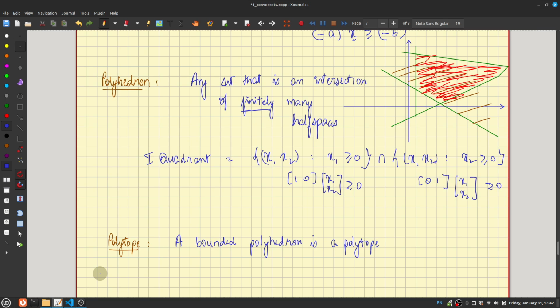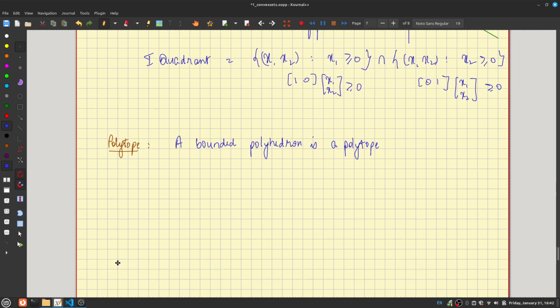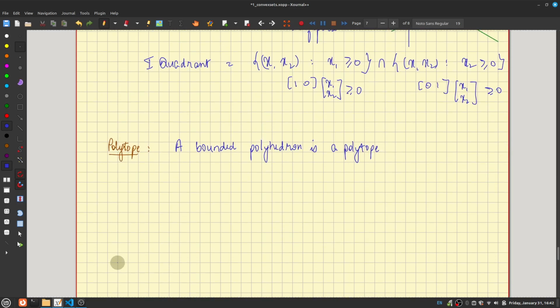But for us, we'll follow the book by Boyd and Vandenberghe, where they say that a polyhedron is any intersection of finitely many half spaces, and if it is bounded, only then is it called a polytope. So a polyhedron is a more general term. Every polytope is a polyhedron, but not the other way around.